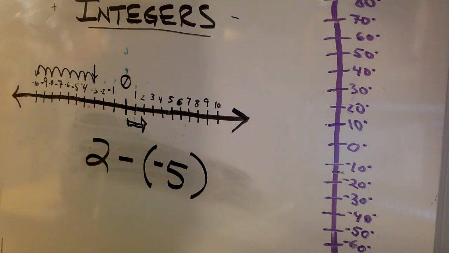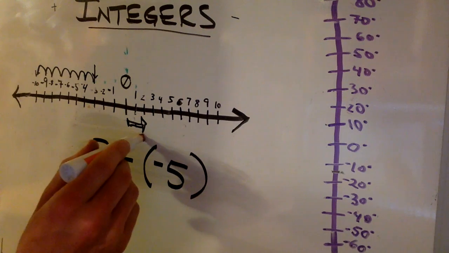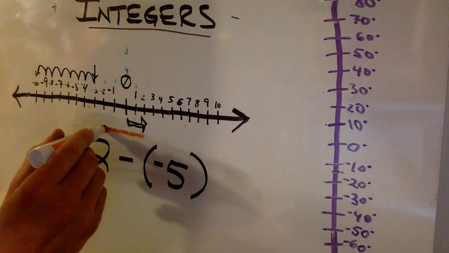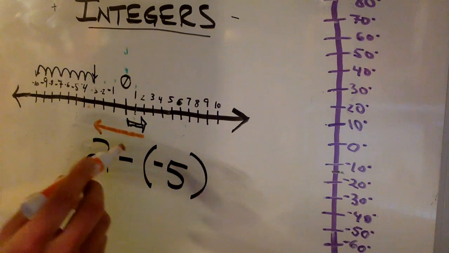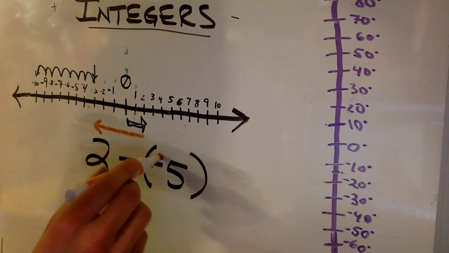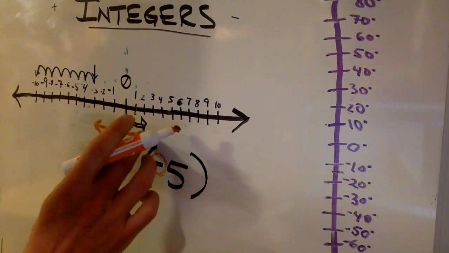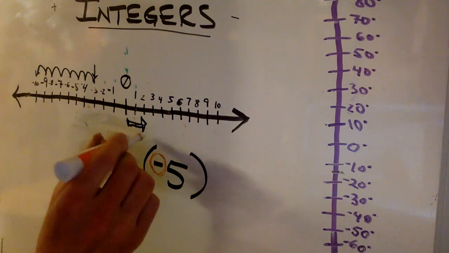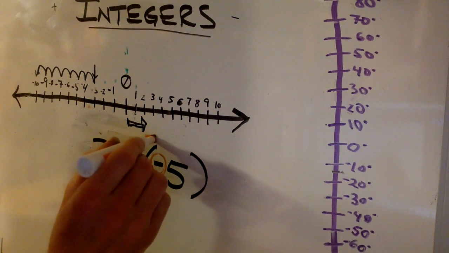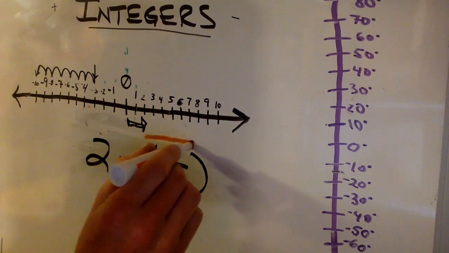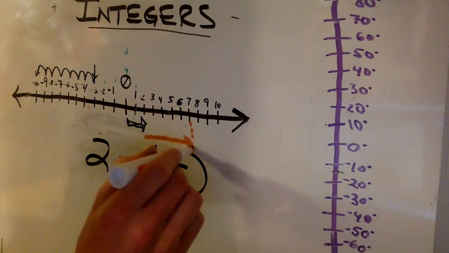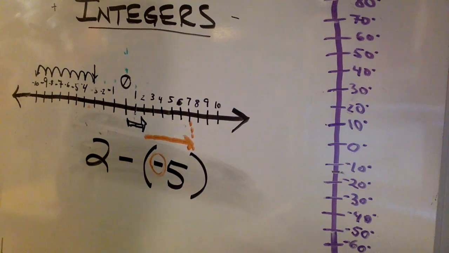If we were going to take away 5, 1, 2, 3, 4, 5, we might go like that. But we're taking away the opposite of 5. And so that means we're going to take away that same amount, but in the opposite direction. 1, 2, 3, 4, 5. It's quite tricky.